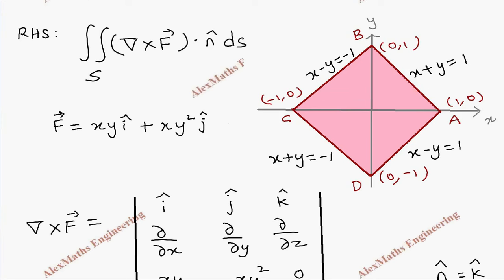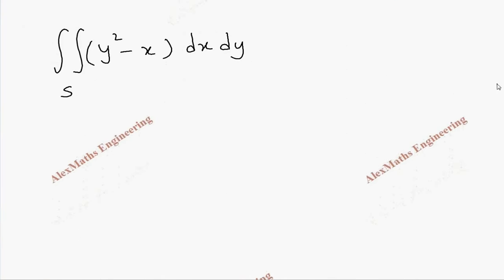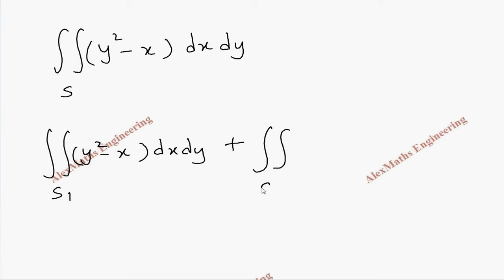I have to take this region separately as the region S1 and this as the region S2. So I'm going to write this as S1 and S2. So the double integral over S1 of (y² - x) dx dy, then the double integral over S2 of (y² - x) dx dy.